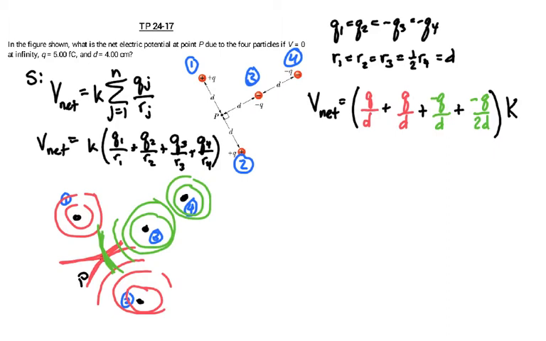Coulomb's constant times the quantity of Q over D plus Q over D, those are both positive charges, plus the negative charge given in the problem, 5 femtocoulombs, plus the negative charge given divided by 2D, and that is representing charge 4 with that distance 2D.